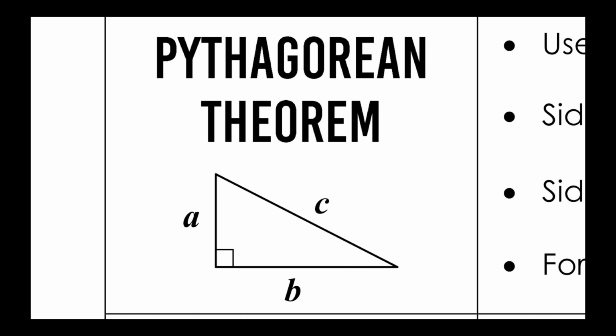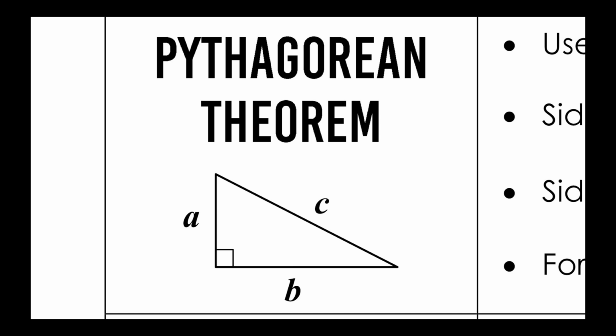Then people came up with ways to prove that it is true, because if you have a theory, you have to prove that it's true before it becomes something we can use. If you Google proof of Pythagorean theorem, you will see so many ways that this has been proven. And we will go over one this week.